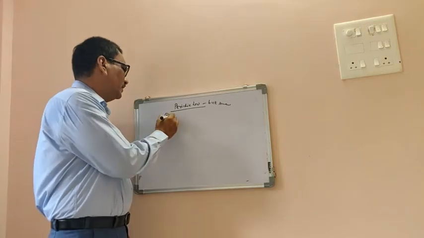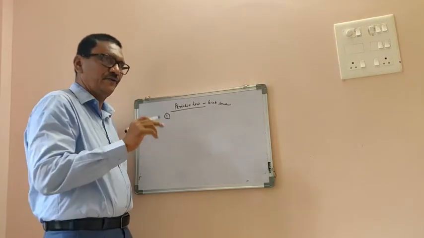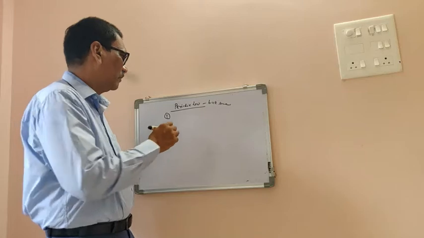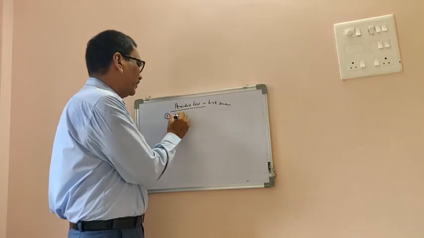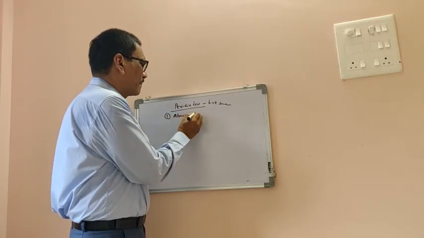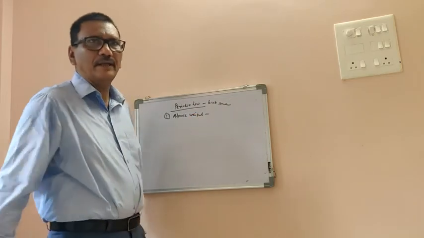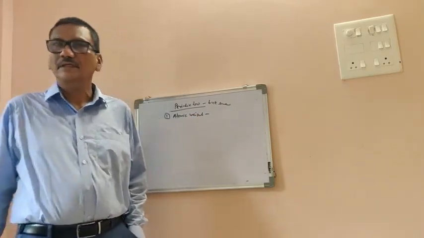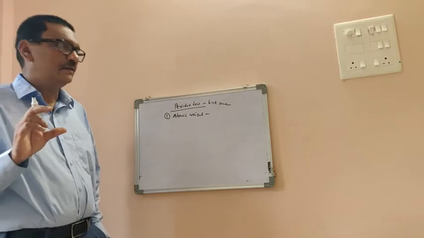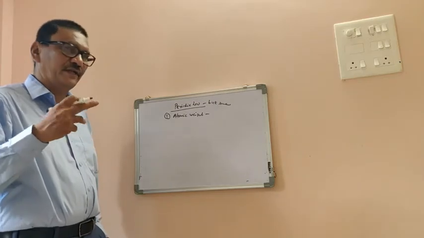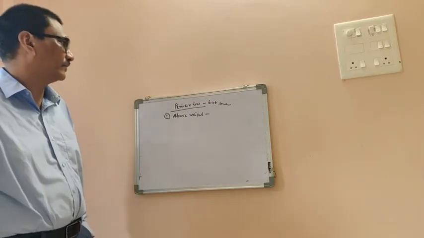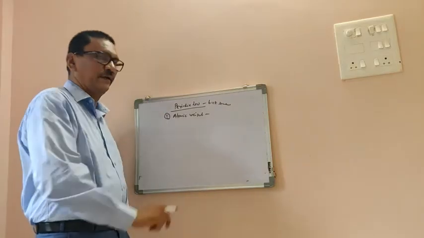So initially, these elements were arranged based upon the atomic weight concept, and that is why at that time the periodic law was stated like that, based upon the atomic weight.